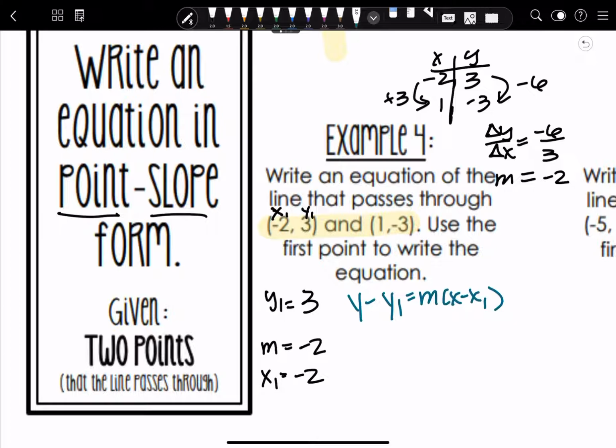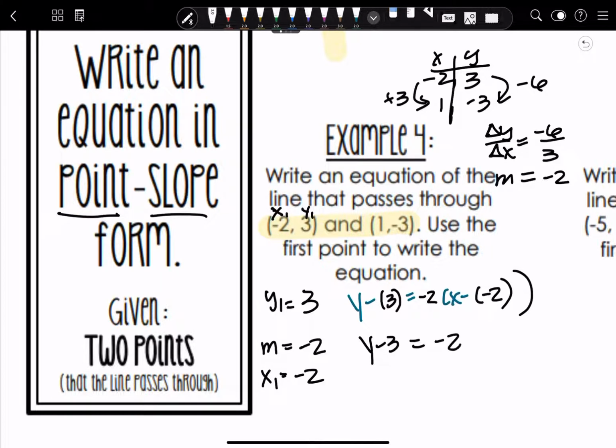So instead, now I'm going to get y minus 3 equals negative 2 times x minus a negative 2. Well, simplify it out. Make it look prettier on our eyes.